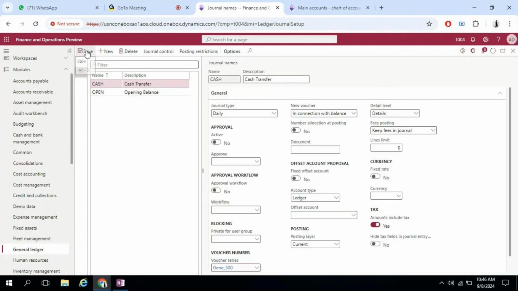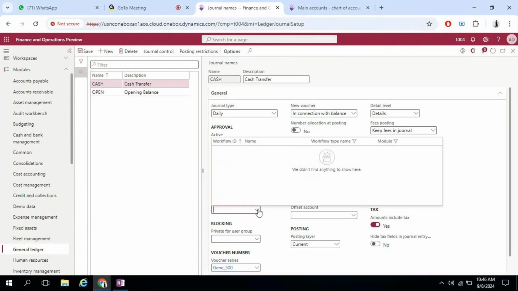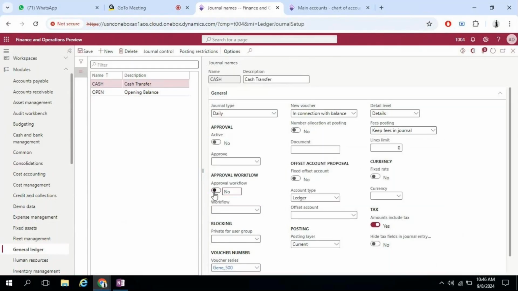I will save it, and after this I want the approval. So this is a manual approval, either this can be enabled or this can be enabled. Okay, both cannot be enabled at once. Okay, so if you are working with approval workflow, then you need to define a workflow id. Where is this workflow id going to be created? Till here, if you have any doubt, let me know so that I can clear it and I can move ahead with the workflow process.